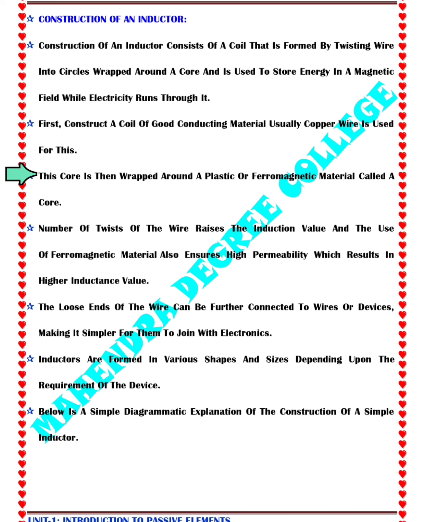This coil is then wrapped around a plastic or ferromagnetic material called a core. This means the wire already shaped into a coil is wound around something. That something is called the core.